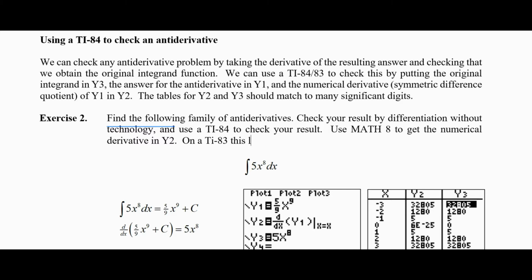This looks like the numerical derivative of y1 with respect to x, evaluated at x. And on the older operating system, you have an option of putting in an h here, a smaller h. It defaults to h equals 0.001.